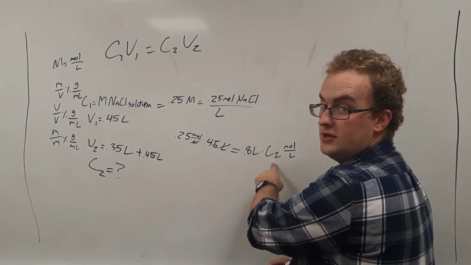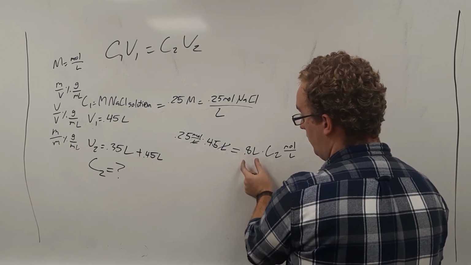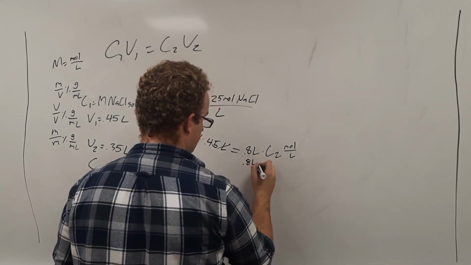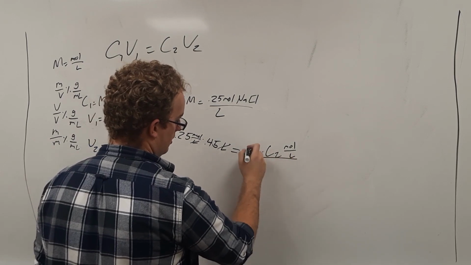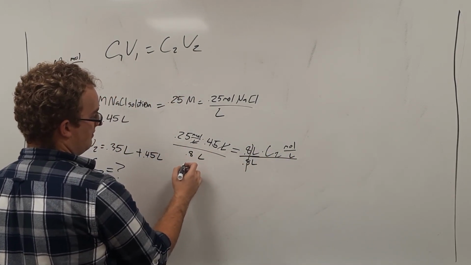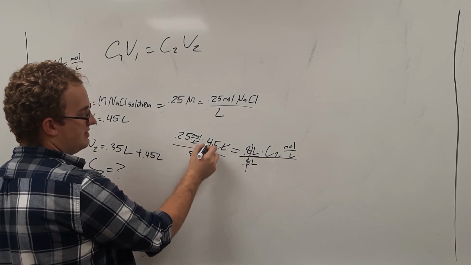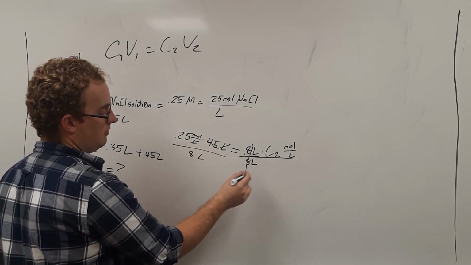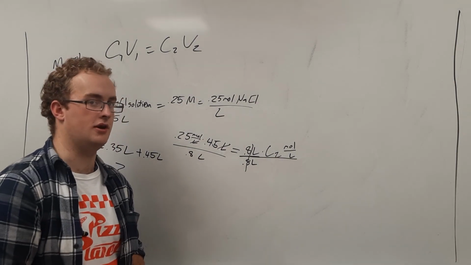Then, if we want to solve for C2, we'll just divide both sides by 0.8 liters. Those go away. We'll be left with 0.25 times 0.45 divided by 0.8 will be our new concentration, moles per liter.